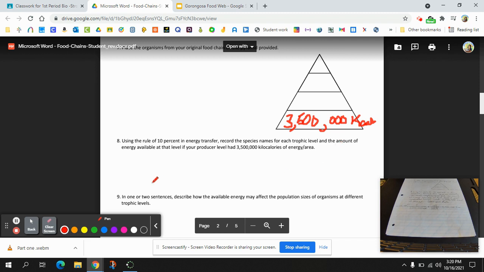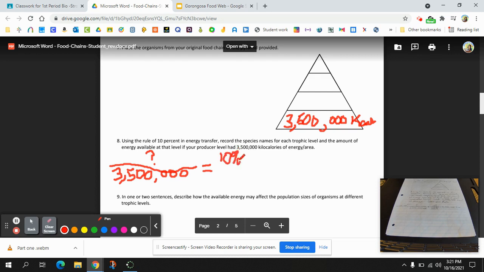Then you will be solving percentage-wise for each of the next levels. So if you have 3,500,000 and you want to find 10% of that, which is unknown, then set up your proportion. 10% goes on top.